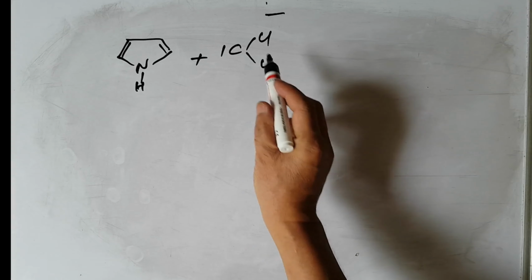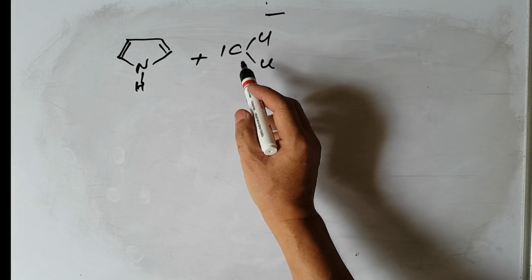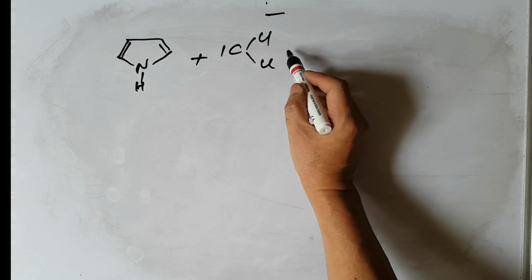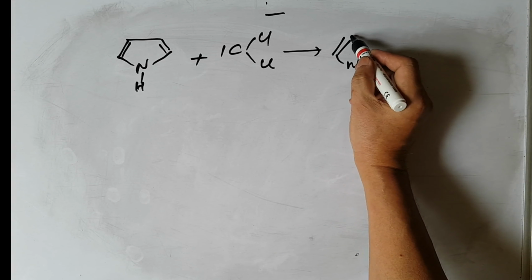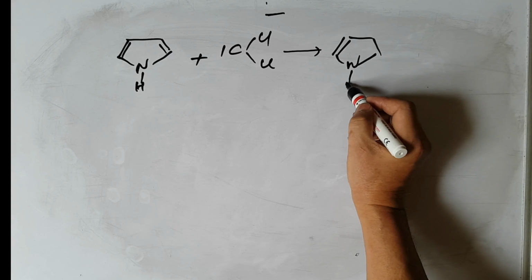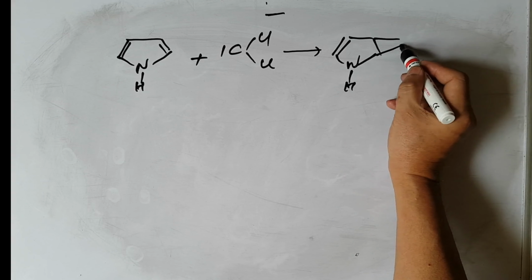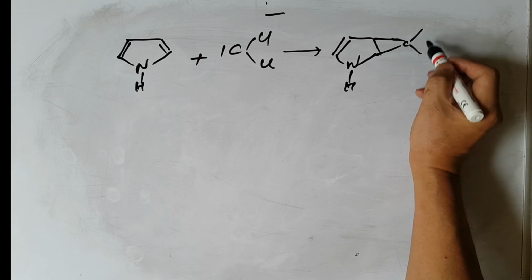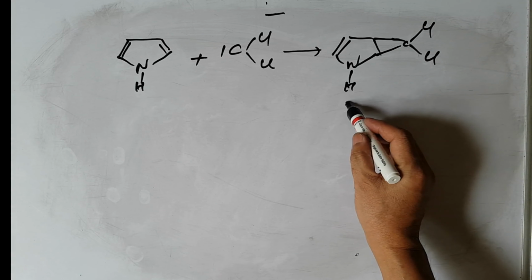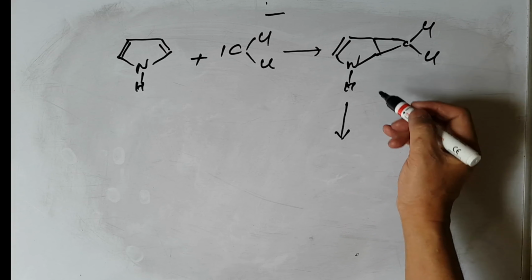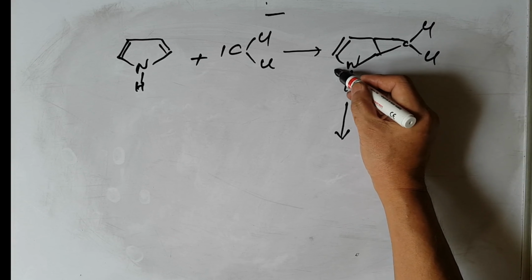So addition of this carbene to the aromatic compound: first we get addition to the double bond, which gives a cyclic cyclopropane ring. Mostly these cyclopropane rings undergo rearrangement or expansion to give like this.